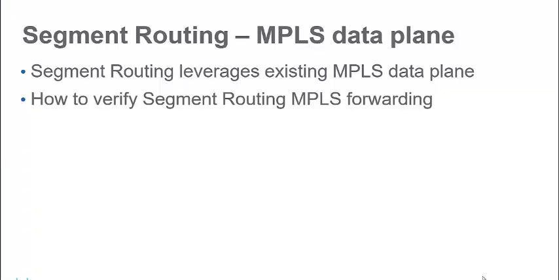So let's see what it is here for the MPLS data plane under segment routing. As we said just now, segment routing leverages the existing MPLS data plane, so you need to enable MPLS.